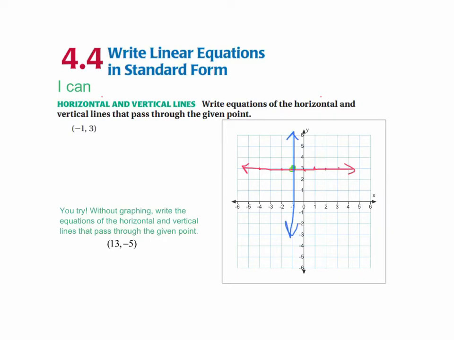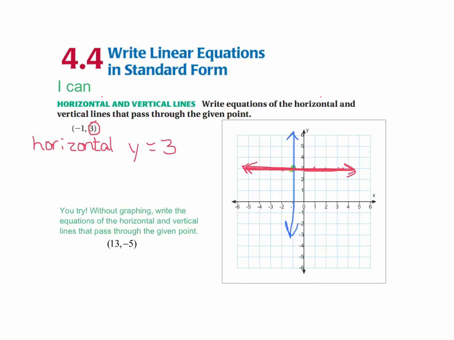Do you see that the y value of every point on this line, the y value is 3? Okay, so for this line, the horizontal equation is the equation y equals 3. It's a horizontal line, and on this horizontal line, y is always 3. So it has the equation y equals 3.